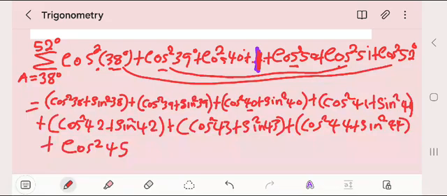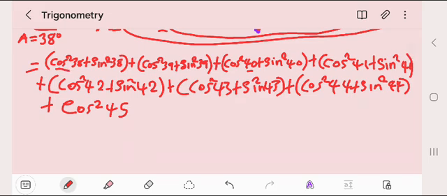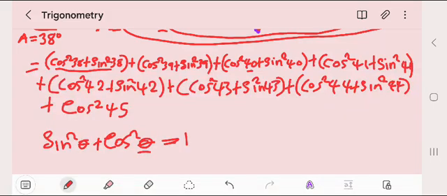So as you can see, ladies and gentlemen, what is this? Simply equals to 1. Remember the law, sine squared theta plus cos squared theta is equal to what? To 1 when the angles are the same.